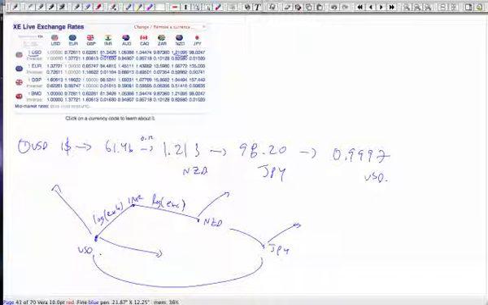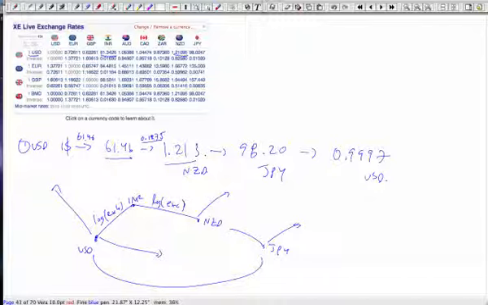Why do we need logarithms? Because if these were just conversion rates, how did I actually do this conversion? I said this conversion rate was 61.46, so I took $1 and I got 61.46. Now, this conversion rate from INR to New Zealand dollars was 0.01975, and so what I did is I multiplied how many rupees I had by this, and that gave me this number.